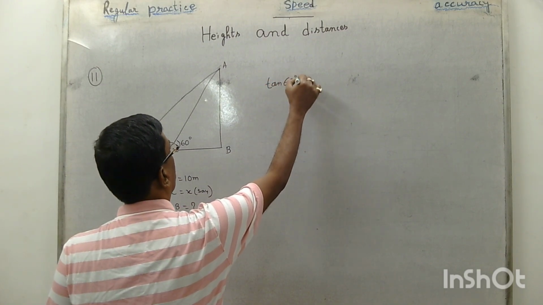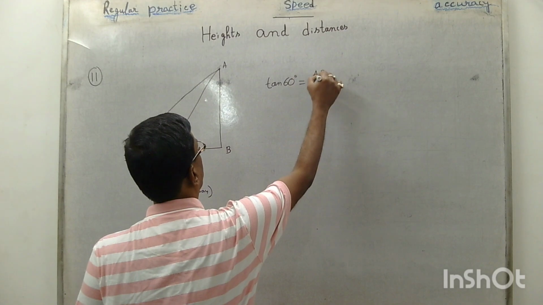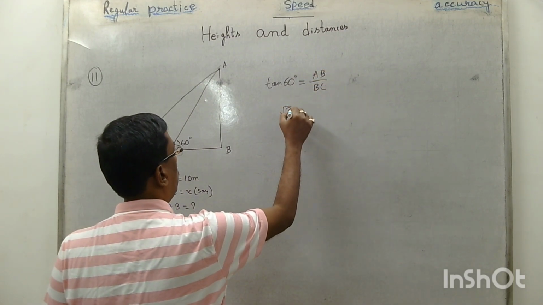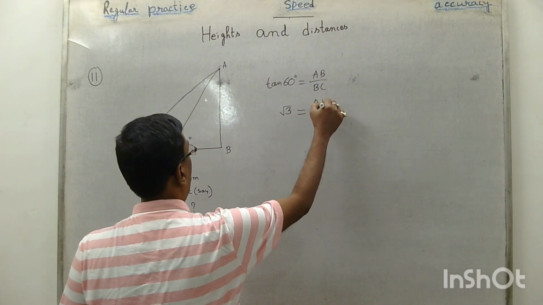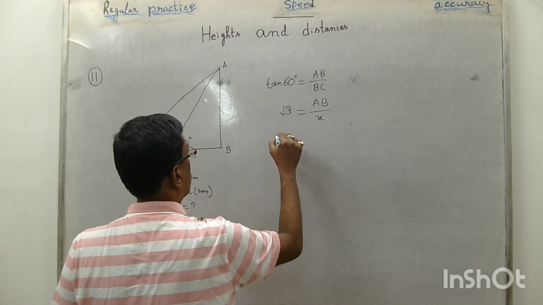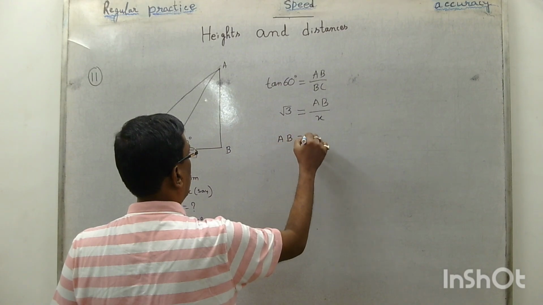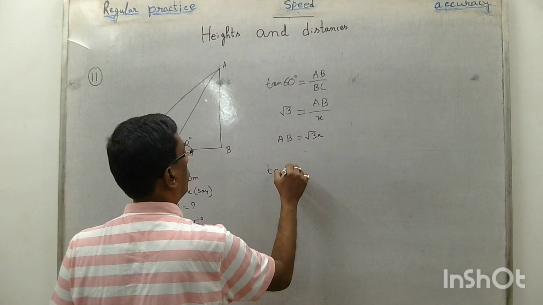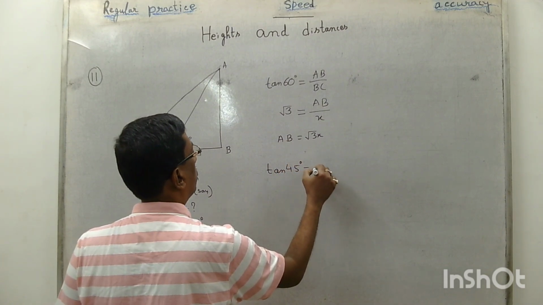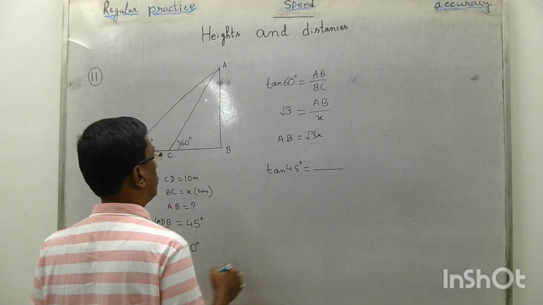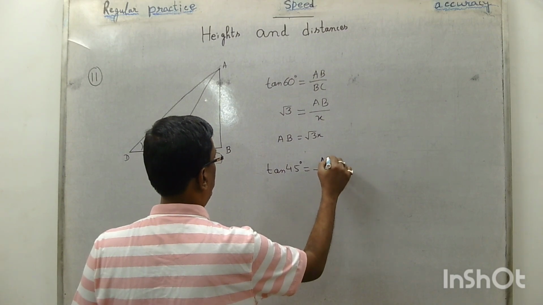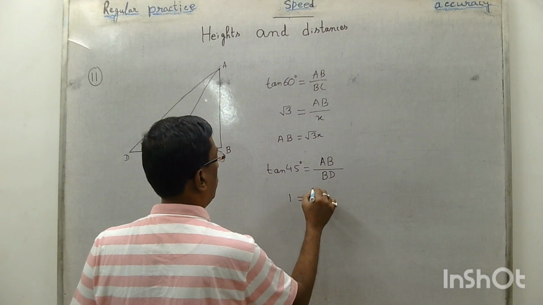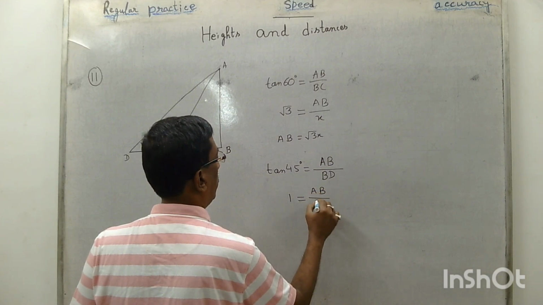So at first, tan 60 is AB by BC. So root 3 equals AB by x. So AB is root 3x. Now tan 45 is AB by BD. 1 equals AB by BD.